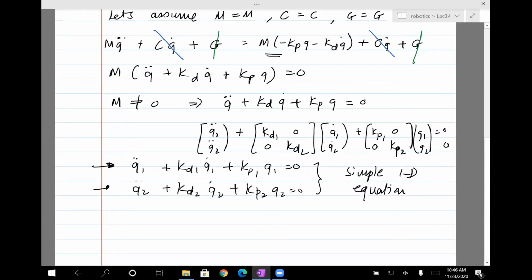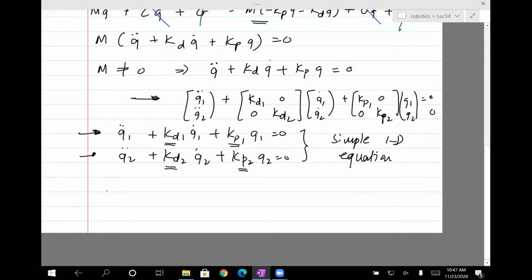So we have taken a problem which is N-DOF. This is just an example showing 2DOF, but it is N-DOF in general. And we've reduced it to N equations which are linearly independent. So I can choose KD1 and KP1 based on the formula I wrote for the 1D system. I can do the same thing for KD2, KP2, and so on.